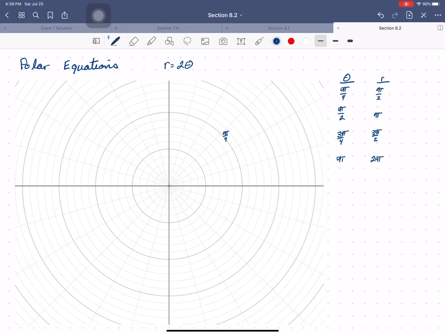Okay, so I'm just going to take the easy way. And this is pi over 2. This spoke is pi over 4. This spoke is 3 pi over 4.